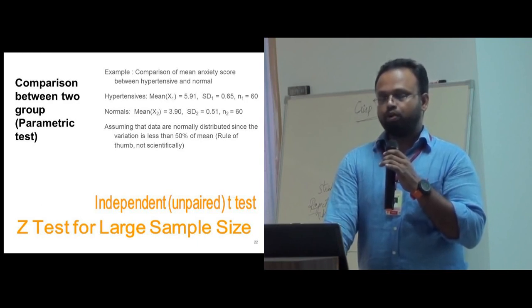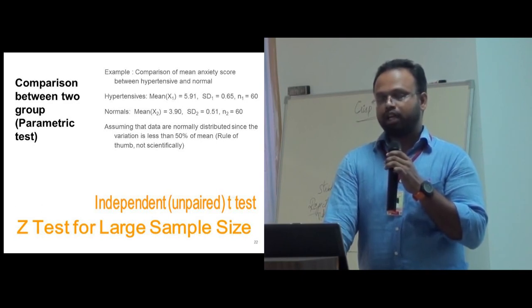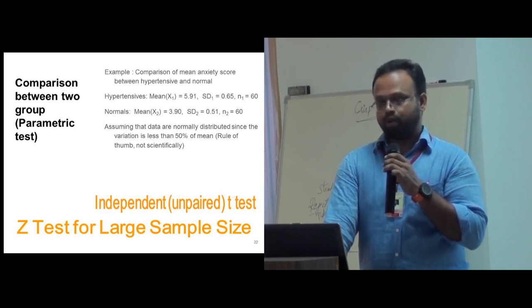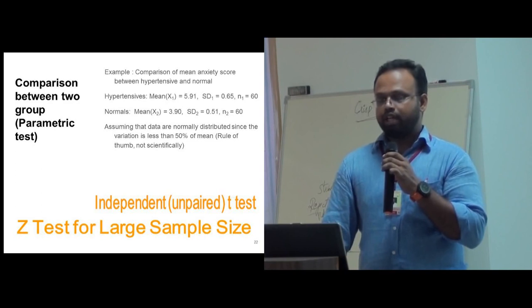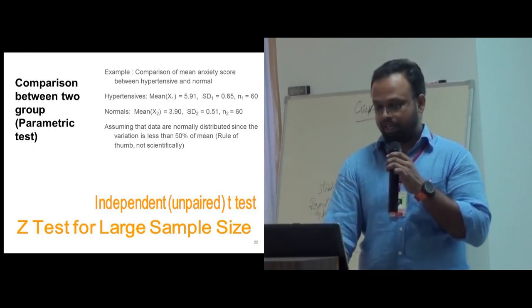Between hypertensive and normals, the anxiety score among hypertensives was 5.91 with a standard deviation of 0.65. Among normals, the mean was 3.9 and standard deviation 0.51. Assuming the data are normally distributed, since the variation is less than 50% of the mean, this is a rule of thumb, not scientifically incorrect.